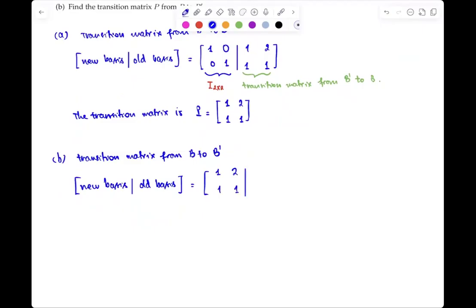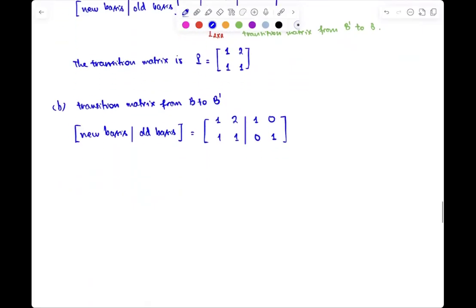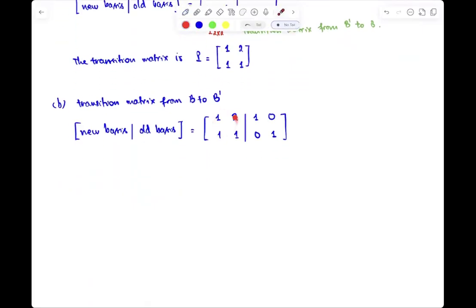And the old basis is B, so (1, 0; 0, 1). Now you need to apply row operations or the procedure of the Gauss-Jordan elimination method to turn this matrix into an identity matrix, and whatever you get on the right-hand side of the vertical line is going to be the transition matrix.